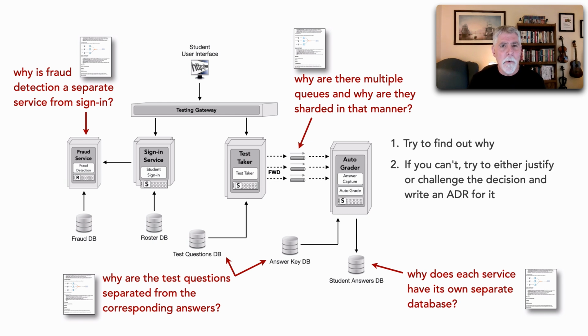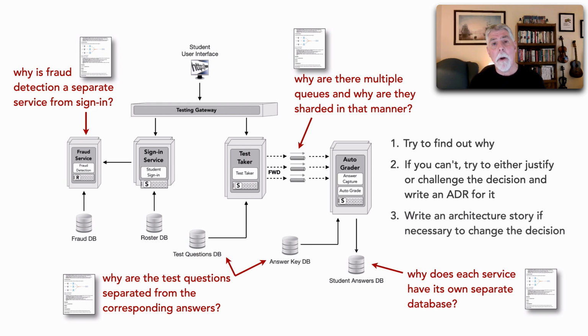But if I don't have a rationale like that, I might think it's better consistency to have those joined. And I might write an ADR with a different decision to join those databases together and see if it's challenged by anybody. And then, if that's the case, I might write an architecture story if it's necessary to change that decision and maybe combine those databases.